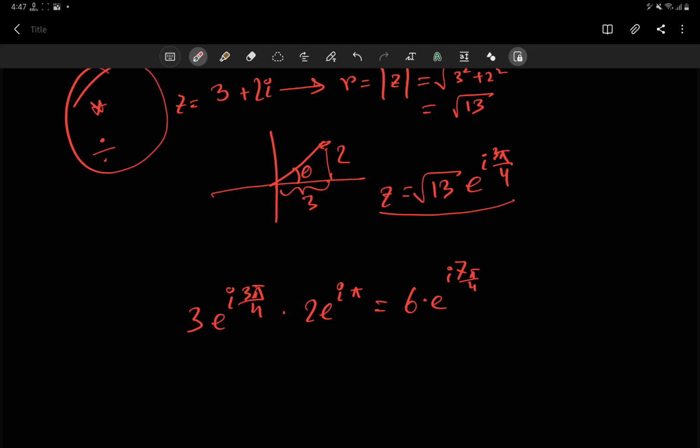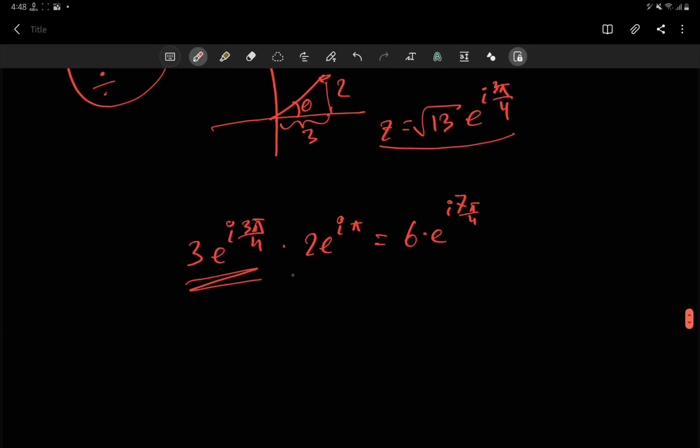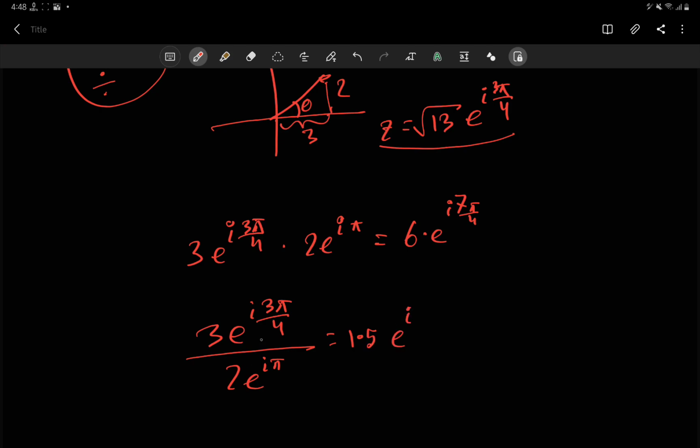So the multiplication problem becomes very easy in polar format if you are given these two values, and this is what we will actually use. And also the division problem gets much easier too. For example, dividing the first by the second, this is 3 by 2, so you have 1.5 as your radius, and e to the power i, since we are dividing this time, 3 pi by 4 minus pi.